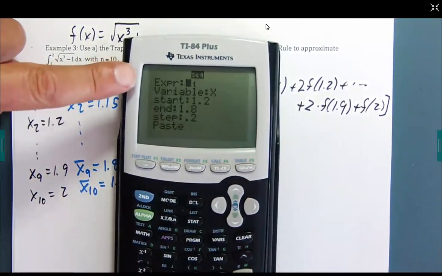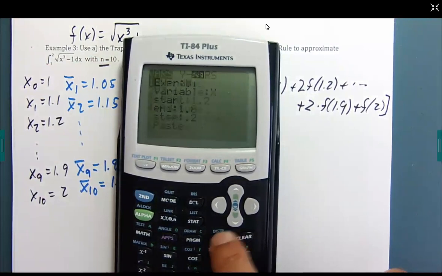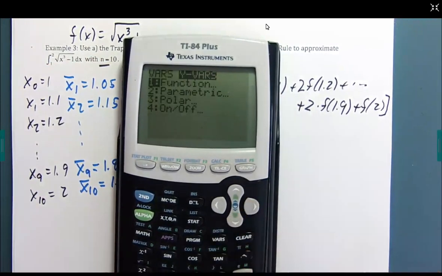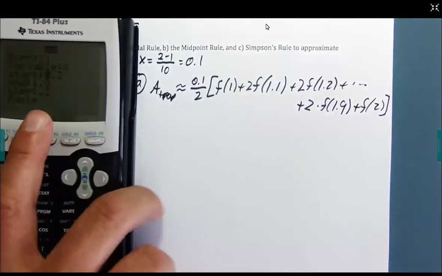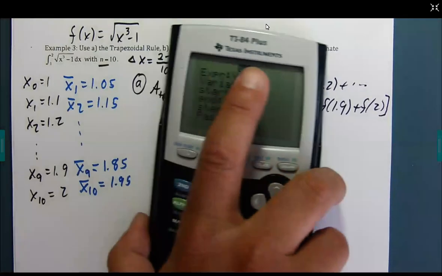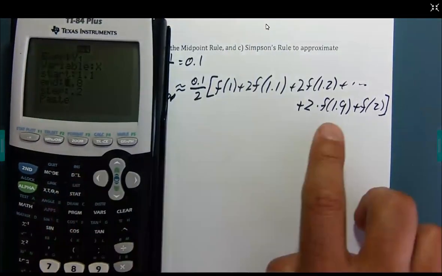And this wants to know what function I'm using. And so I did the vars, yvars. So vars, yvars, function y1, there it is. I'm using the variable x. I push this button right here for x. And in this case, I'm starting with 1.1. I'm going up to 1.9.